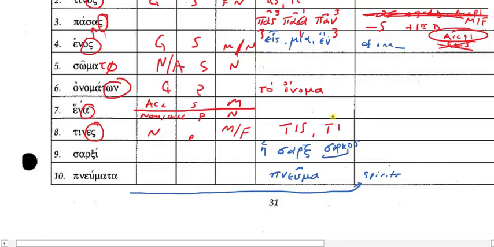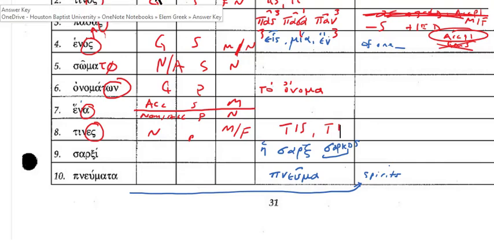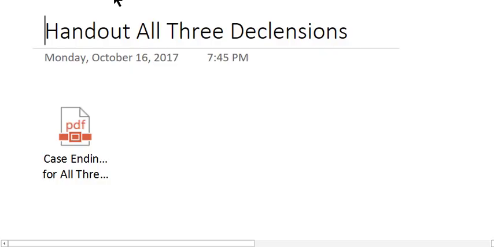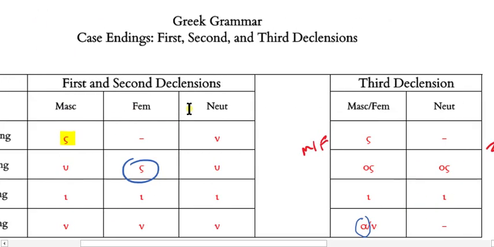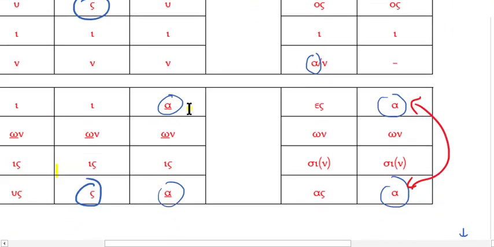So what would the neuter plural look like if it were nominative neuter plural? The nominative plural for the neuters would have what case ending? Masculine and feminines get s. Neuters get a.